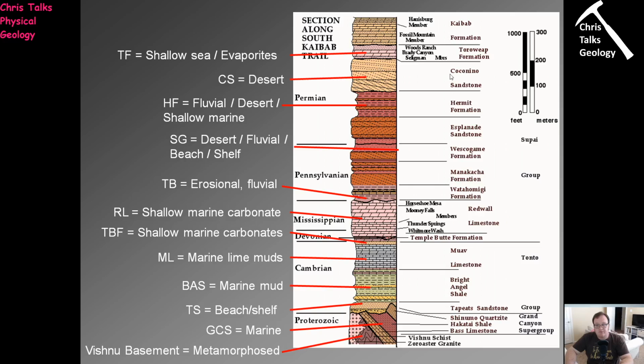Then the Coconino Sandstone is followed by the Toroweap Formation, and this is a mixture of shallow marine sands and limestones, and a mixture of evaporites as well. So what this is telling us is we have the desert of the Coconino Formation being followed by shallow marine sediment.